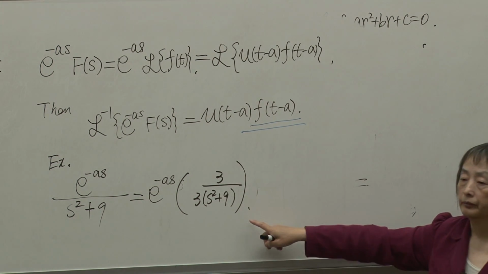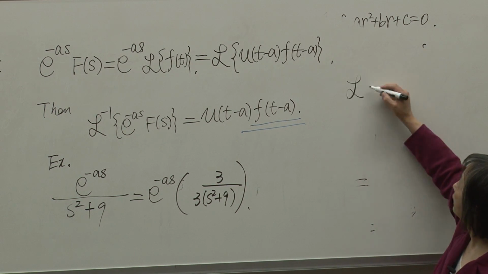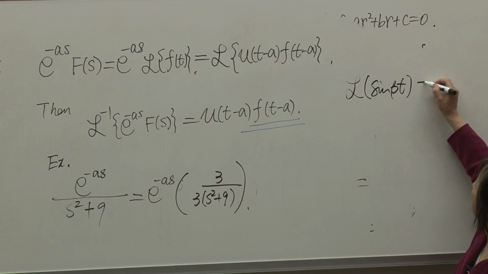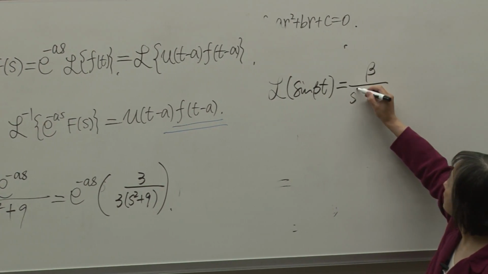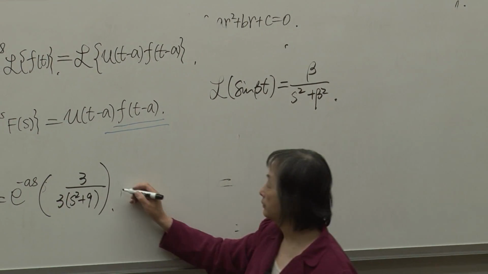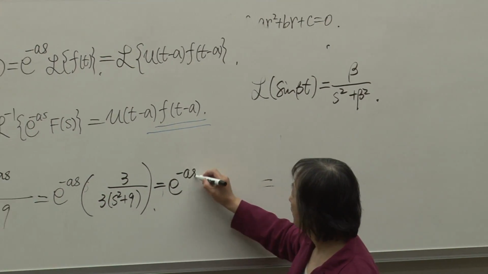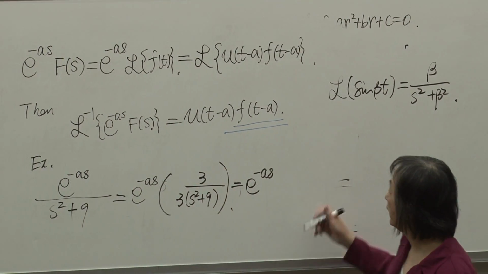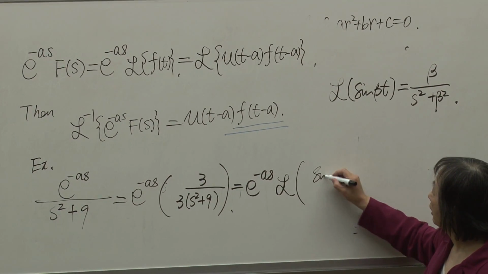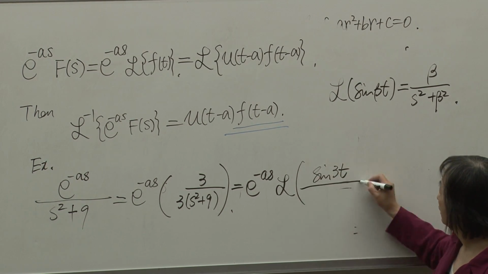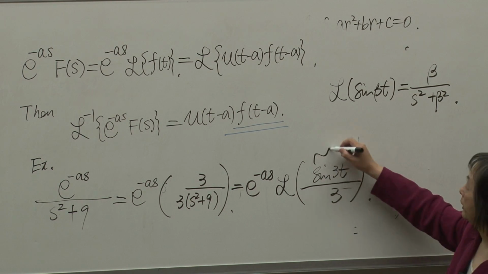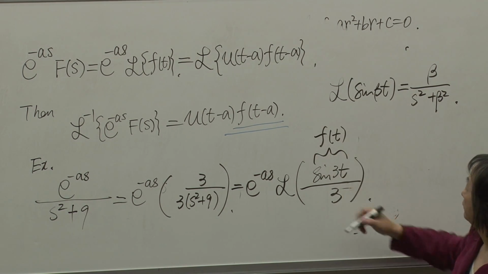The reason is that we want to use the formula saying that the Laplace transform of sine of beta t is beta over s squared plus beta squared. So this tells us 1 over s squared plus 9 must be the Laplace transform of sine of 3t divided by 3. And this would be our f(t).